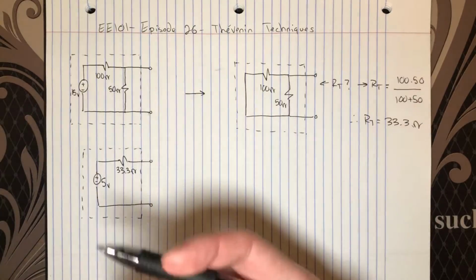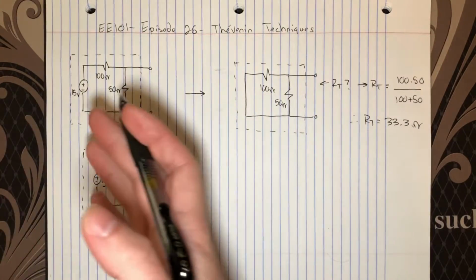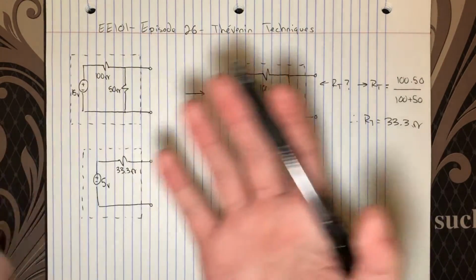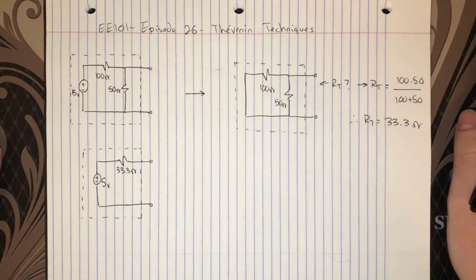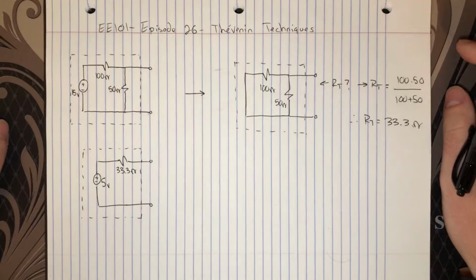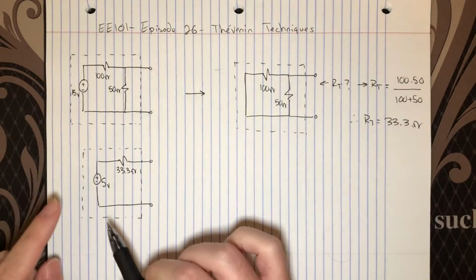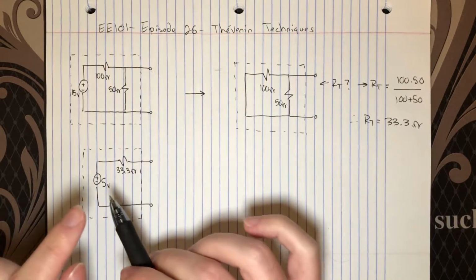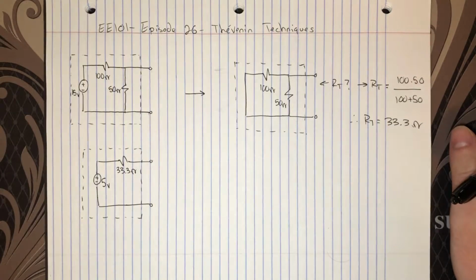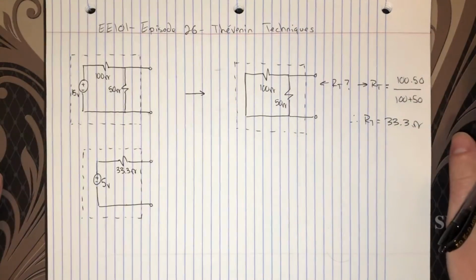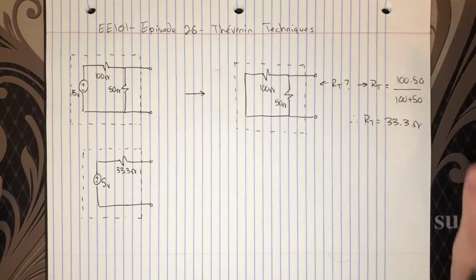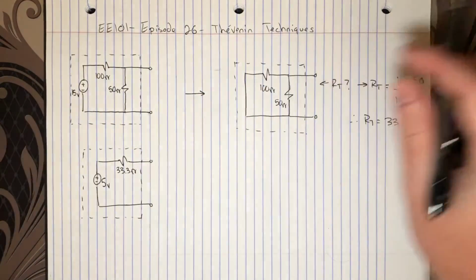Your original circuit can actually contain voltage sources or current sources or some combination of the two. The original circuit doesn't matter. It's just that the Thévenin equivalent circuit is comprised of a single independent voltage source and a single series resistor. All you need to use this technique is the condition that your original circuit contains only independent sources.